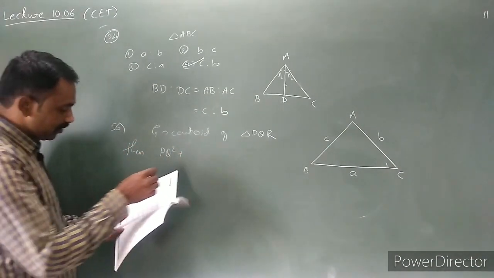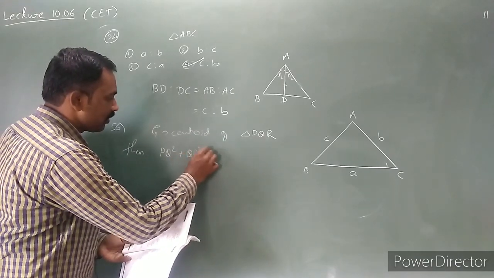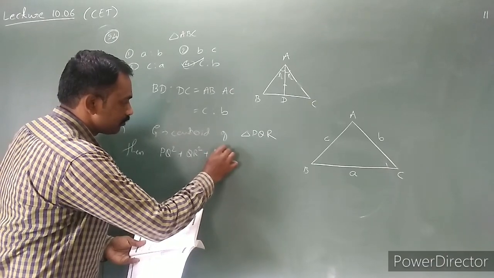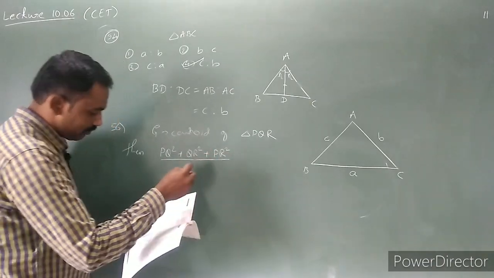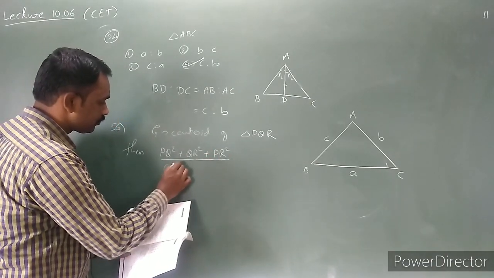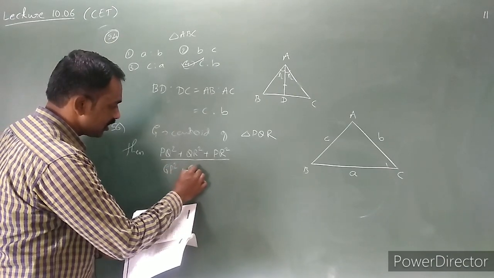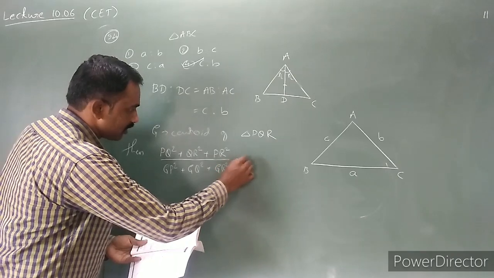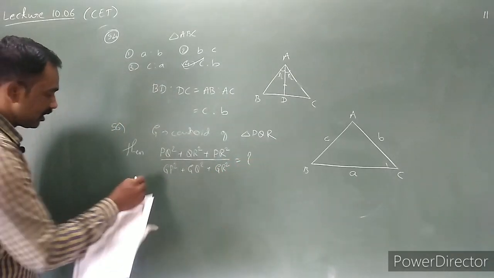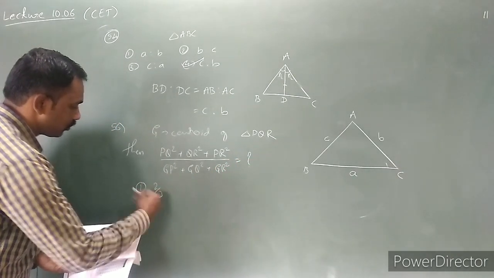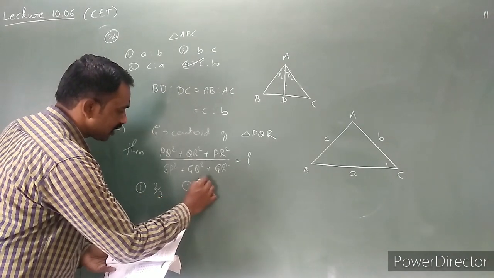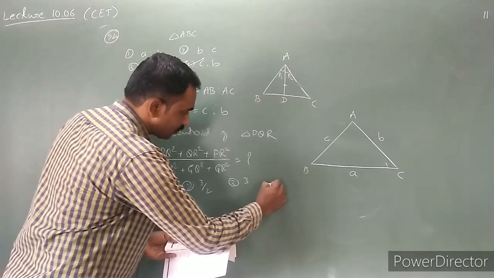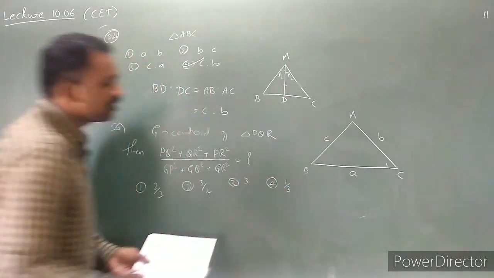PQ square plus QR square plus PR square, whole thing divided by GP square plus GQ square plus GR square is equal to how much? The first option is 2 by 3, second option 3 by 2, third option is 3, and the fourth option is 1 by 3.